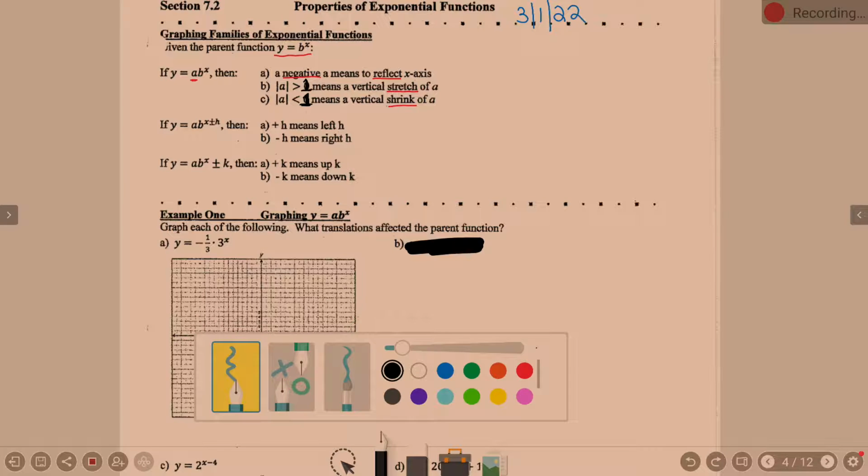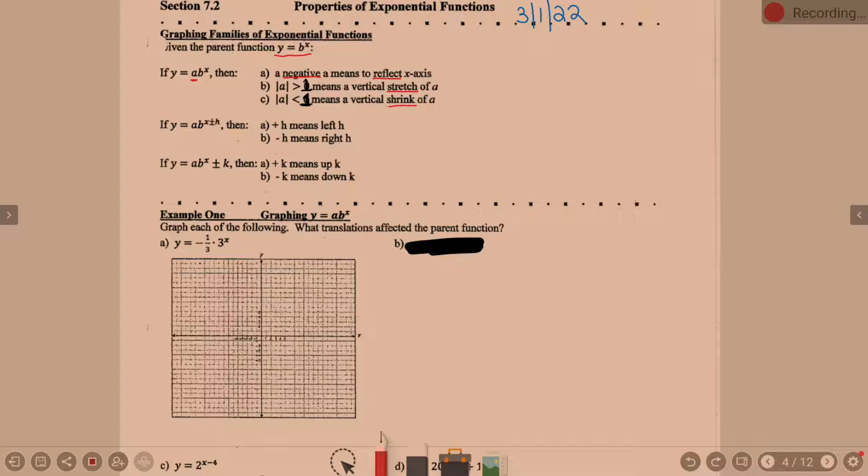The next part here, if you have a times b to the x plus or minus h, notice, where is that h at? That h is in with the x, yes? It's kind of like it's in parentheses with the x, in the absolute value with the x, in the square root with the x. In this case, it's in the exponent with the x.